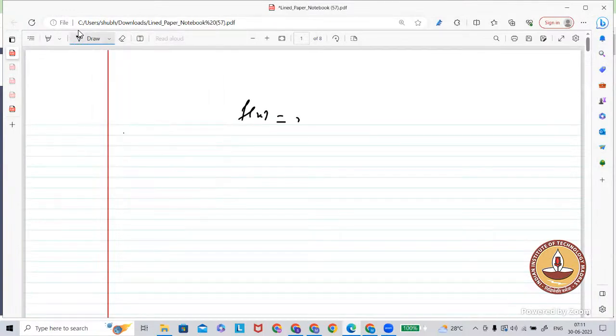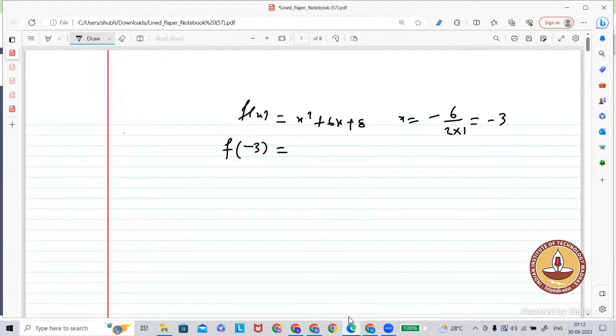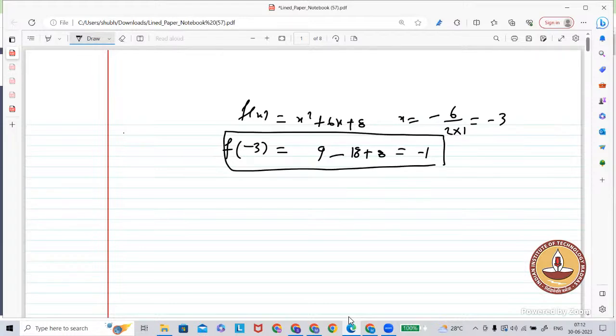The function is f(x) = x² + 6x + 8. The axis of symmetry will be x = -b/2a, which is -3. The value of the function at -3 is 9 - 18 + 8, so yes, you are getting -1. The value at -3 is -1.